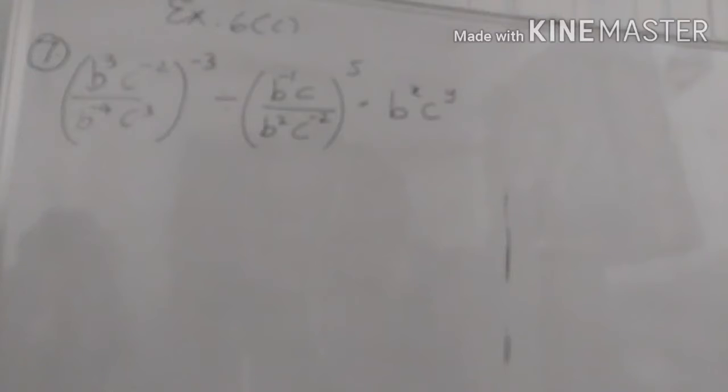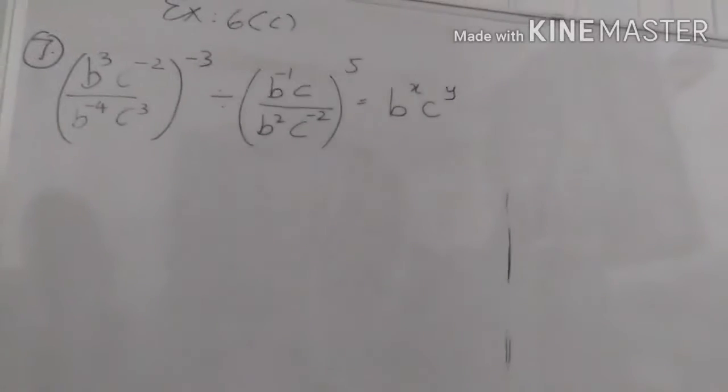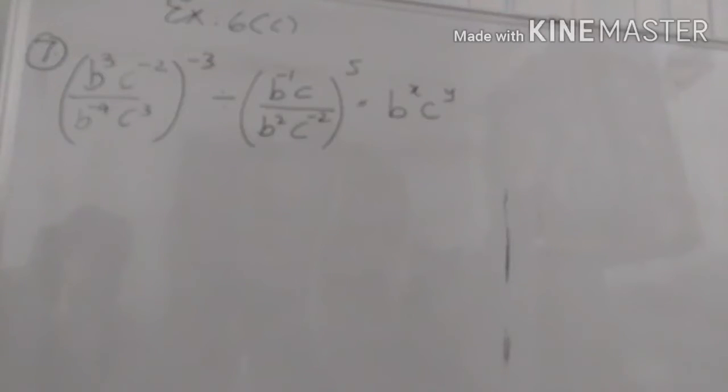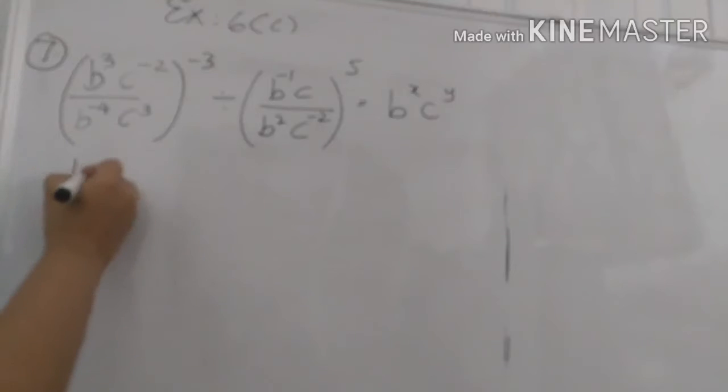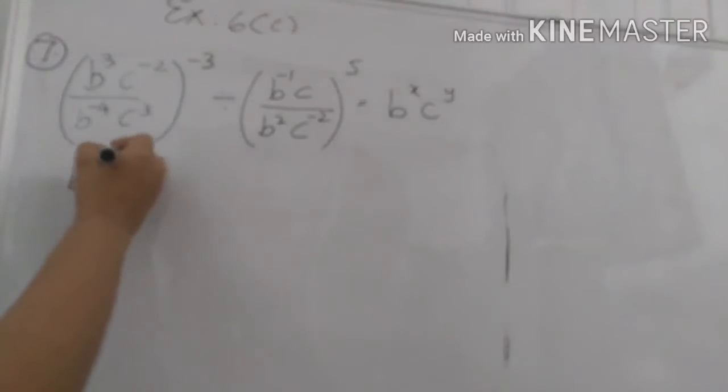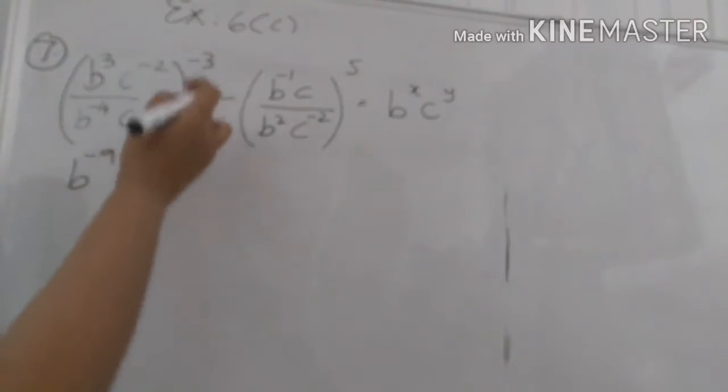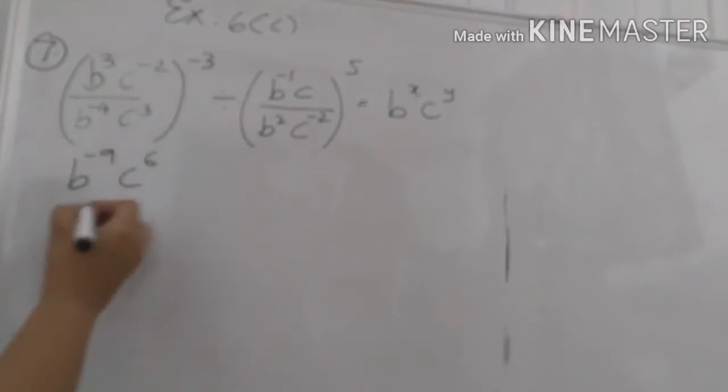Now exercise 6C, question number 7, already written on the board. This is the if part given in the question, and we want to prove x plus y plus 6 is equal to 0. So first of all, students, we'll take this minus 3 inside the bracket. So I can write b raised to 3 3s are minus 9 and c raised to minus 2 minus 3, so 3 2s are 6.